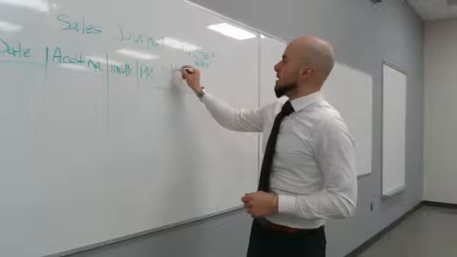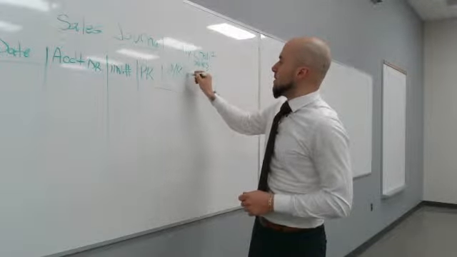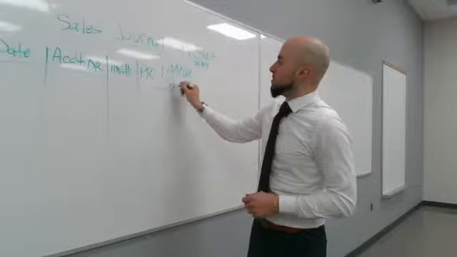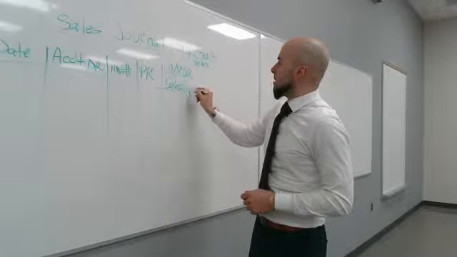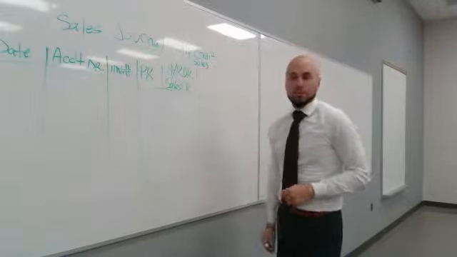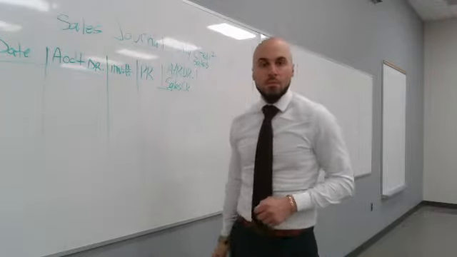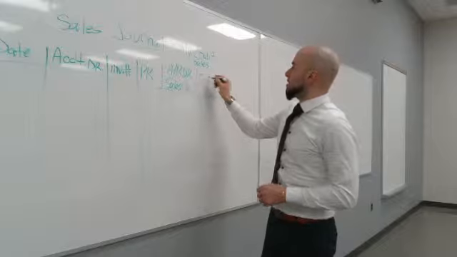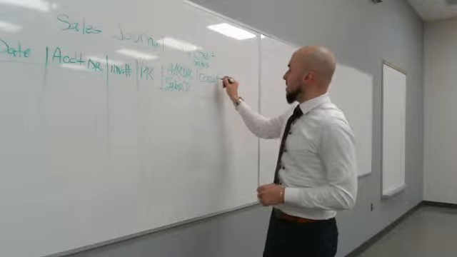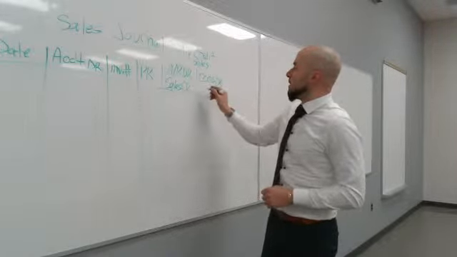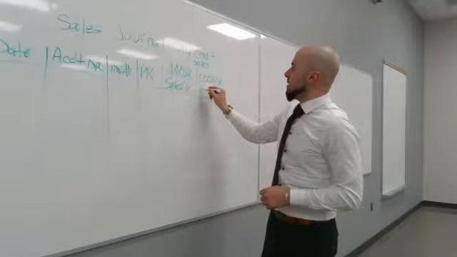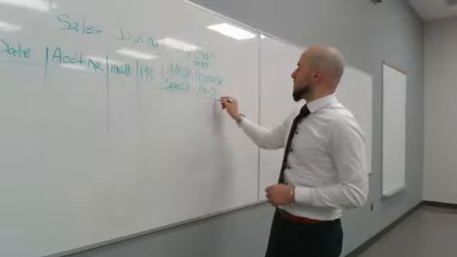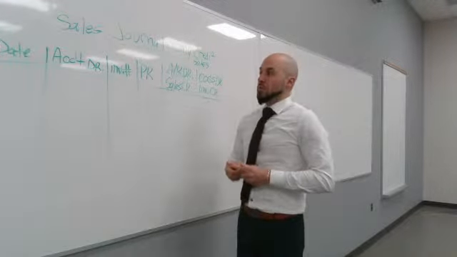Okay, and then accounts receivable DR. Sales CR. Okay, and then cost of goods sold DR. Inventory CR. Okay.